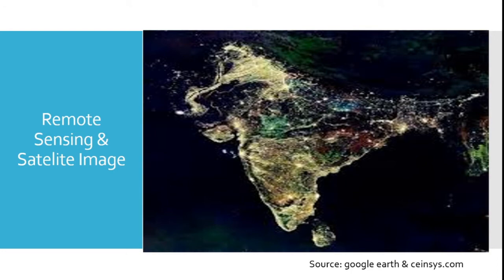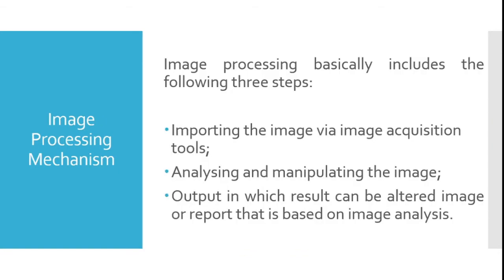This is the light view from the satellite, produced by Synthesis.com. This gives you a basic idea of how much light from space you can see over a specific country, and it will again generate a satellite image to understand it.